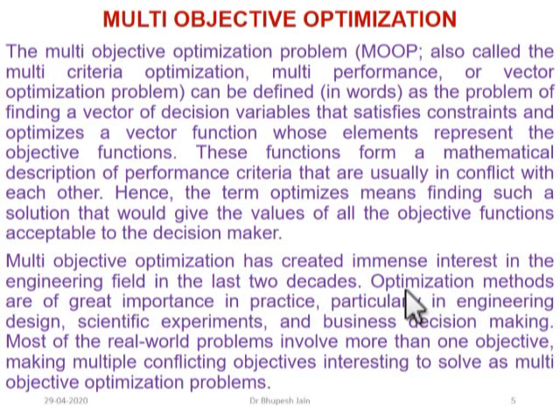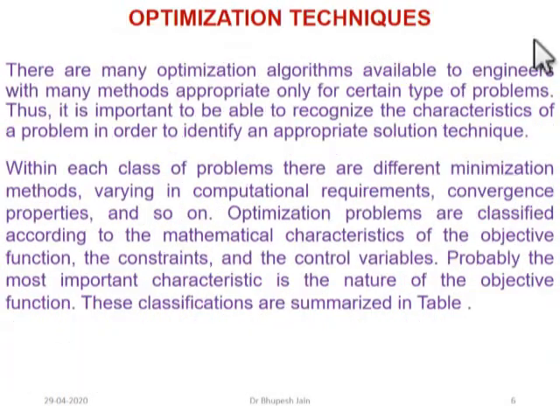Suppose we are dealing with a hydroelectric plant: electricity production should be maximum, the cost of the project should be minimum, the irrigation command area should be maximum, and the losses should be minimum. So there are many objectives, and this is a multi-objective optimization problem.